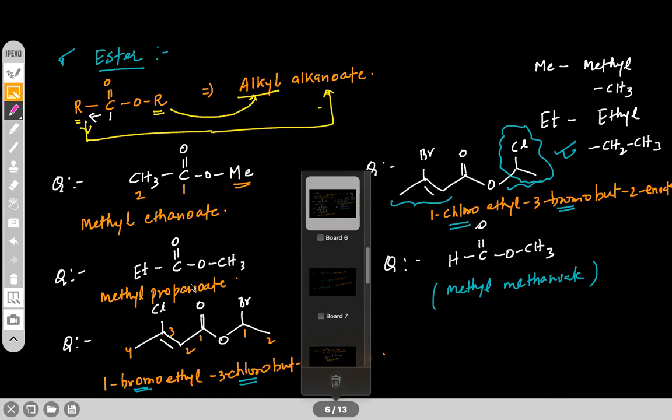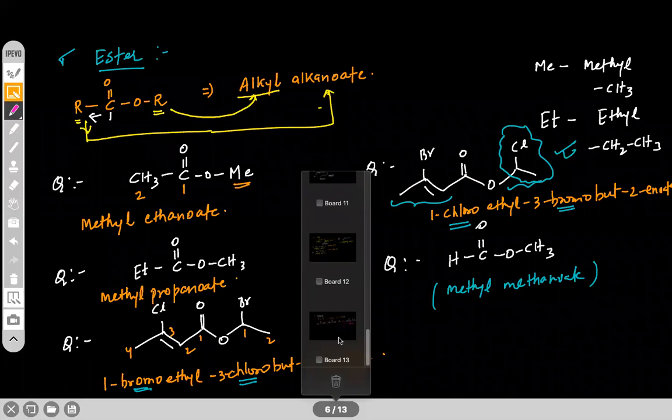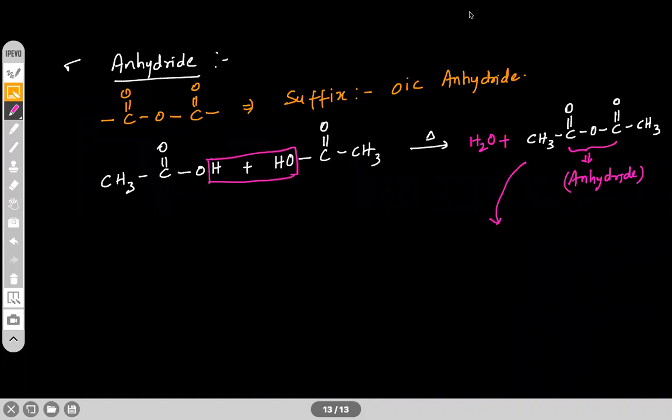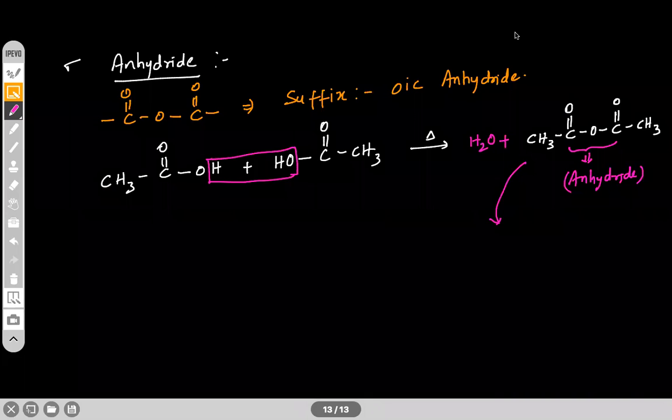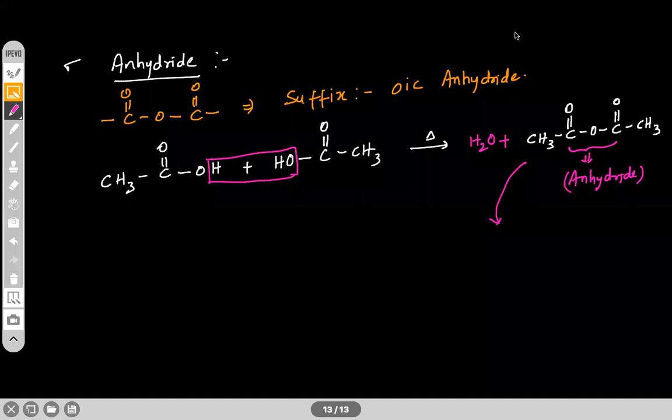Ester we have done. What is the name of this compound? Ethanoic acid. Not methanoic, it is ethanoic acid. 2 carbon atoms. Hence, since the anhydride forms here by the combination of 2 ethanoic acids, the name of this compound is ethanoic anhydride.